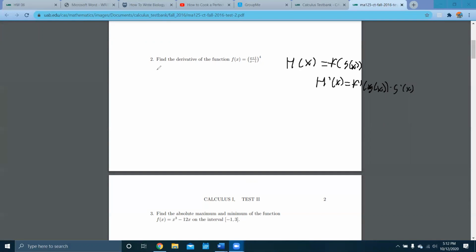So coming over here, first thing we're going to do is the outside. So f prime of x is equal to 4 times x plus 1 over x minus 1 to the third power, times the derivative of the inside, x plus 1 over x minus 1.